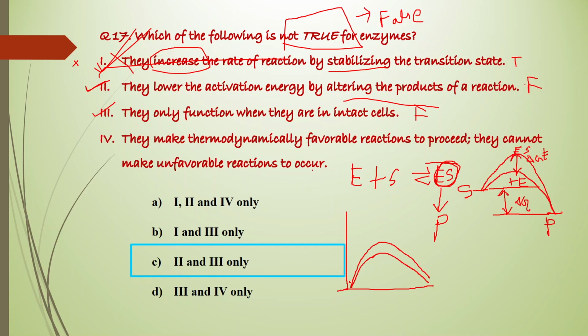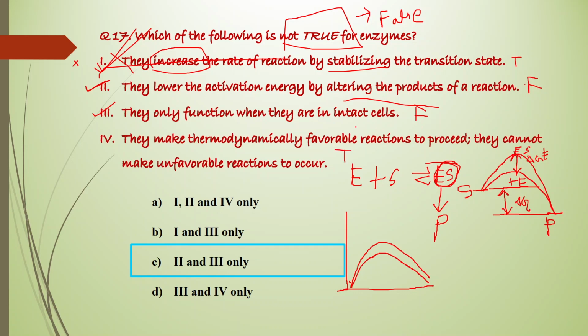But many times, because they are able to stabilize the transition state, in many cases they are prone to catalyze the thermodynamically unfavorable reactions as well. Okay, so this is our true statement.